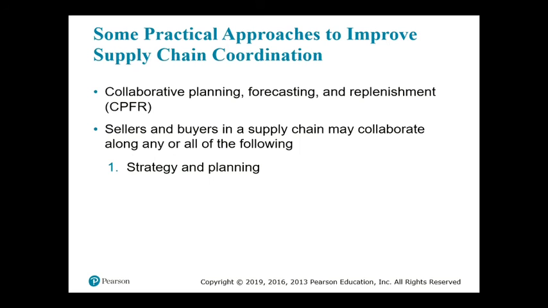And so for example, in a joint plan, they can identify some significant events like price promotions, introducing new products, and store opening and closing that affect demand and supply.